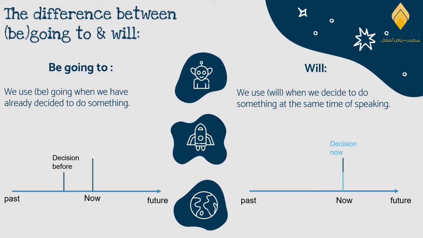So the difference between be going to and will is that when we are using be going to, we have already decided to do something. And for will, we decide at the same time of speaking to do something. This is the difference between be going to and will. How can you figure out which to use, be going to or will, from the meaning of the sentence?